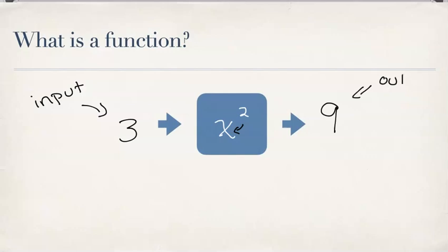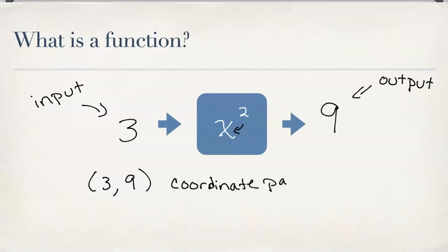And we write functions as pairs of inputs and outputs. So I could say that when I input 3, I get an output of 9. This is one way to write it, as a coordinate pair. Oops, you have to spell it right though. Coordinate pair. And then the other way to write it is as an input-output pair in function notation.